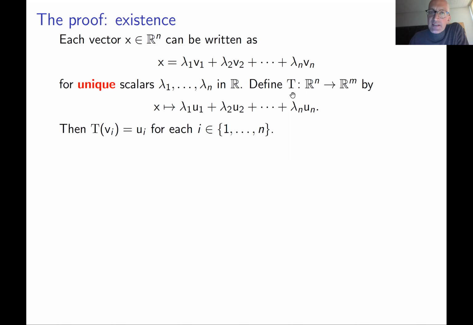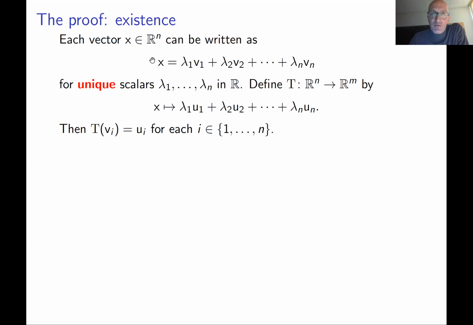And now we define T of x to be this vector: lambda 1 u1 plus lambda 2 u2 plus ... plus lambda n un. So x is mapped by definition to this vector.